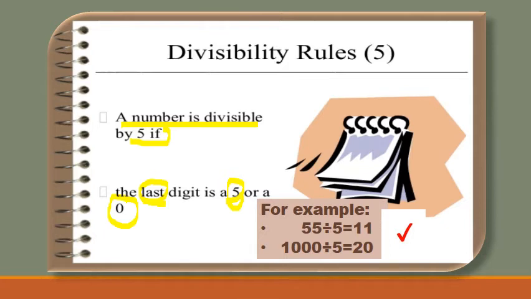For example, 55 divided by 5 is equal to 11, and 1000 divided by 5 is equal to 200. The last digits of 55 and 1000 are 5 and 0. So both numbers can be easily divided by 5.